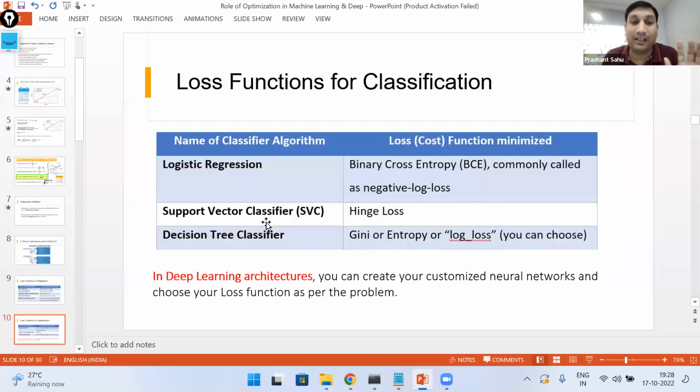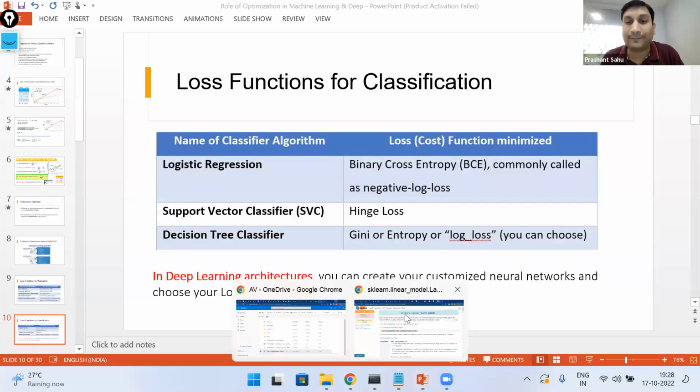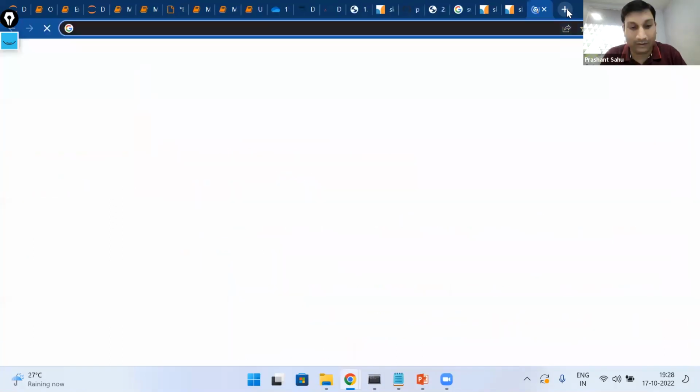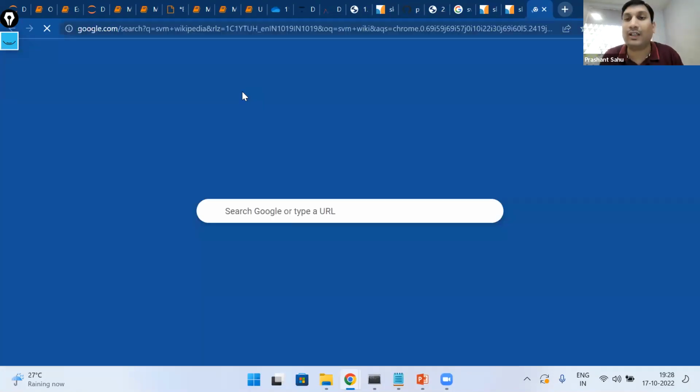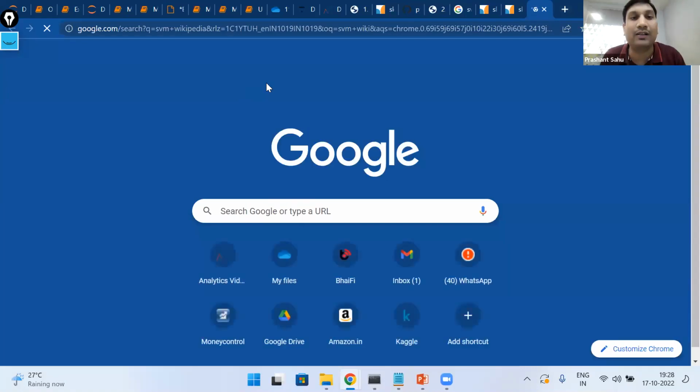Simple. Support vector classifier uses the hinge loss. If you go to the documentation page, nowhere is it mentioned, unfortunately, but if you go to the Wikipedia page for SVM, you can easily see that it uses hinge loss.